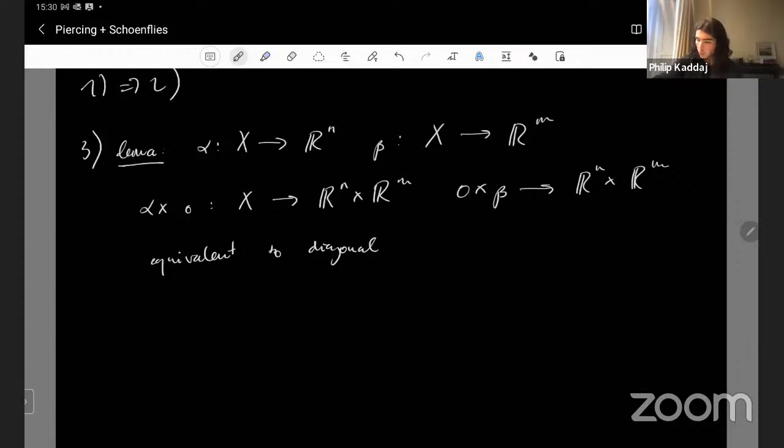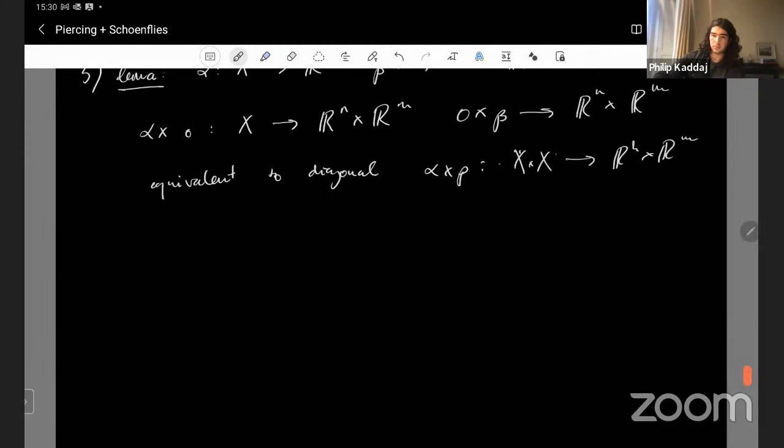I.e., there's a homeomorphism of Rn cross Rm that takes the image of alpha to the image of the diagonal map, and the same for beta. Okay, so we'll just show that alpha cross 0 is equivalent to this.